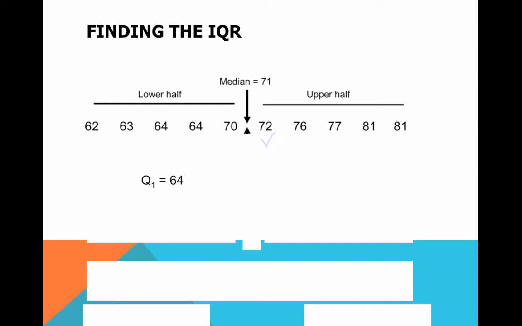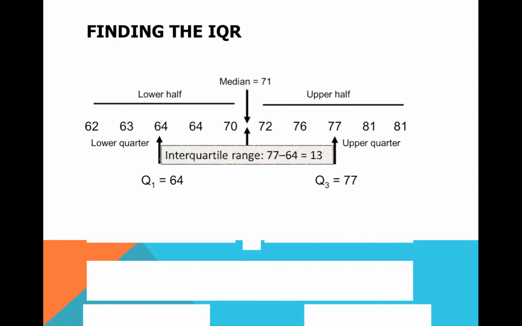So we count 72, 76, 77, position 1, position 2, position 3, to give us Q3, also known as the 75th percentile. Now we have Q1 and Q3. What's the definition and the formula for the interquartile range? The range between the 75th and the 25th percentile, or the range between Q3 and Q1, which gives us the interquartile range of 13. This is how we work through calculating the interquartile range when we have an even set of numbers.